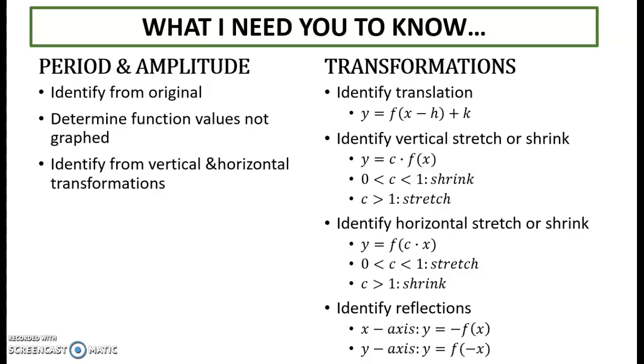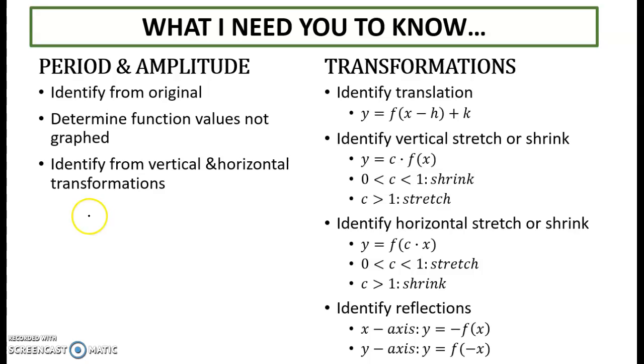All right, this is what I need you to know from lessons 4.3 and 4.4, okay? Period and amplitude. You have to be able to identify the period and amplitude from an original graph. You have to be able to determine function values that are not graphed. And you have to be able to identify the period and amplitude from vertical and horizontal transformations, okay?